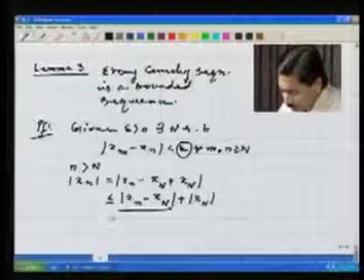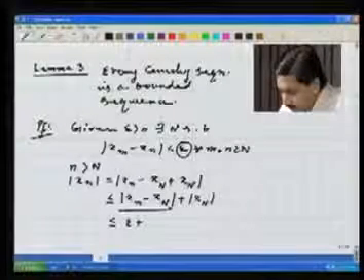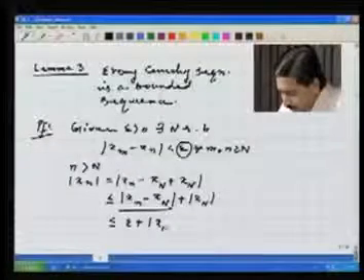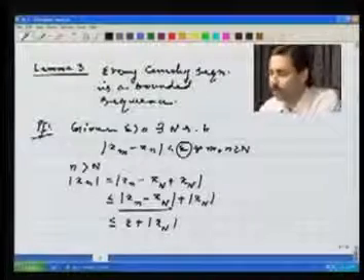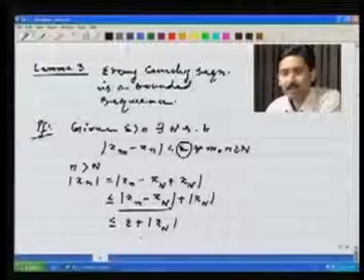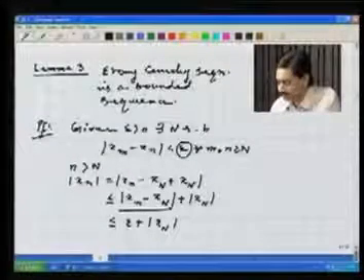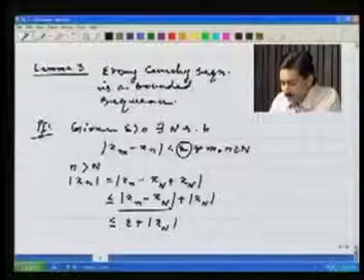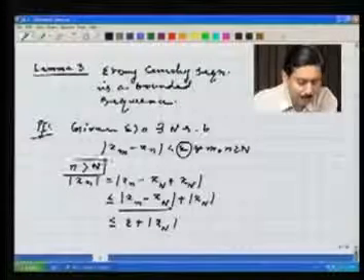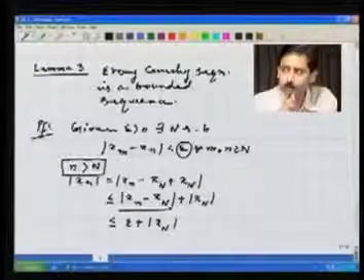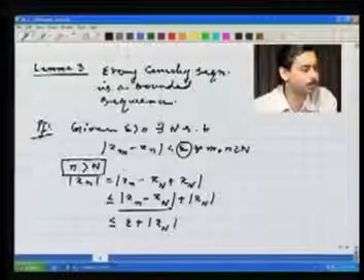So this is less than or equal to epsilon plus mod x capital N. What has happened because of that? Notice that on the right hand side there is no little n. That means the inequality is valid for all xn such that little n is bigger than capital N. It just means after a certain stage the sequence is bounded.